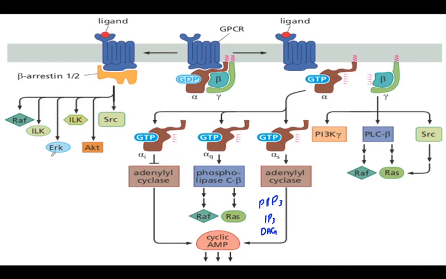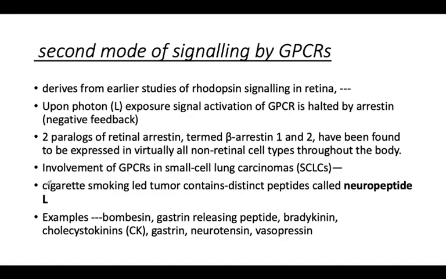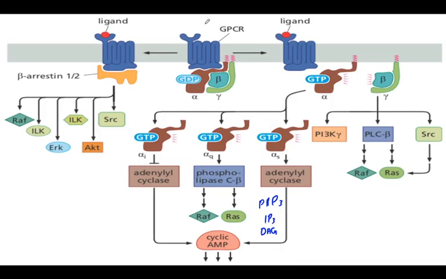Interestingly, it has also been noticed that this G protein coupled signaling pathway is responsible for what you can say a momentary inhibition of certain stimulatory factors, and this inhibitory response is noticed inside the eyes, in rhodopsin. So, a second mode of signaling by GPCR has also been deciphered. Earlier we talked about no receptor, no ligand present.